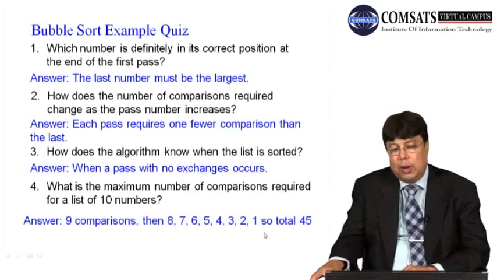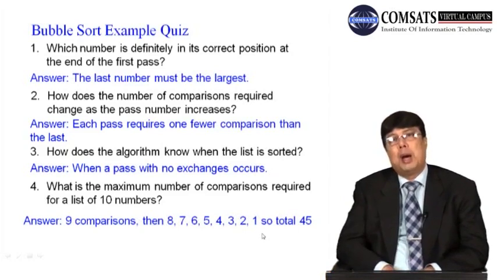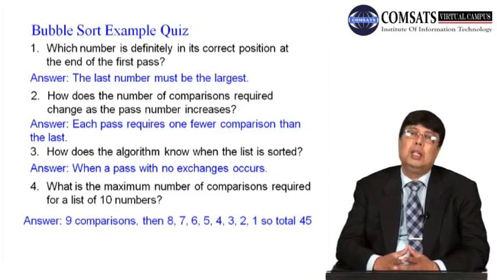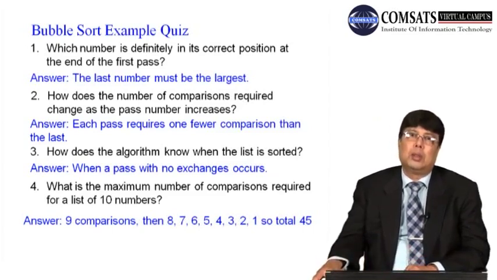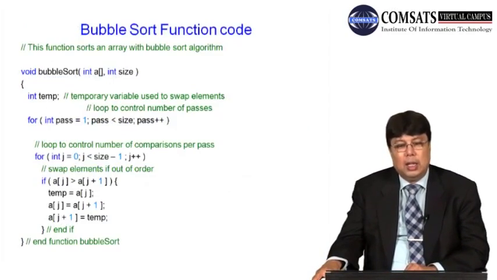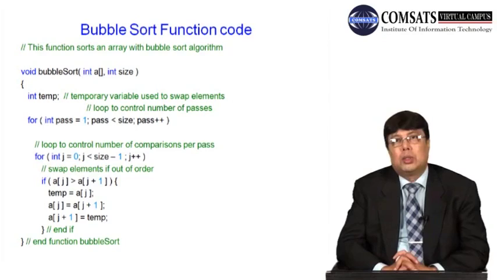You keep reducing by one until there are only 2 elements, and then you compare the second with the first. So if we sum up 9, 8, 7, 6, 5 and so on, there will be 45 comparisons in 9 passes. That is required to sort the complete data with bubble sort. Okay, I hope you have understood. Let us see the code of the bubble sort.